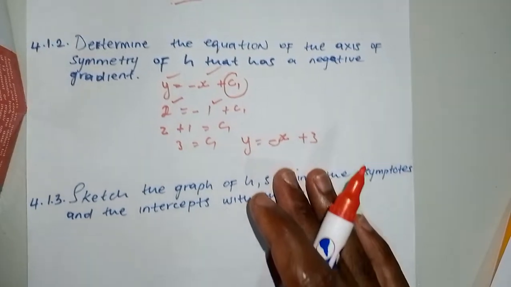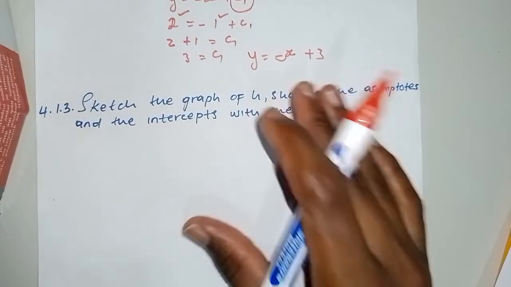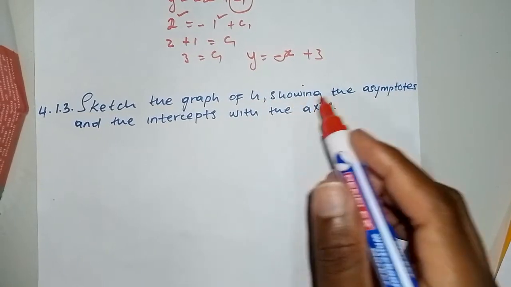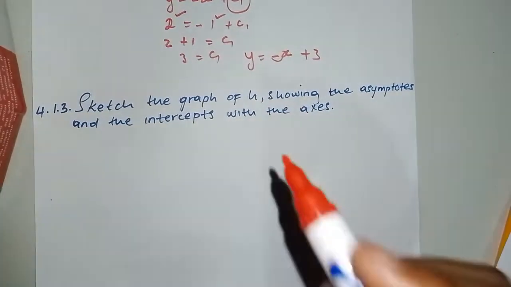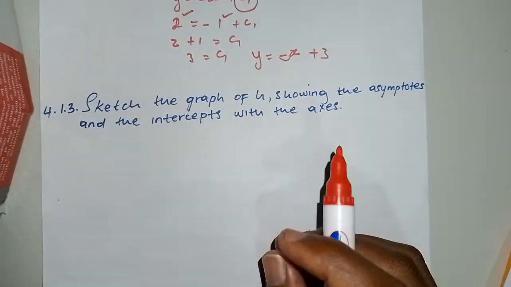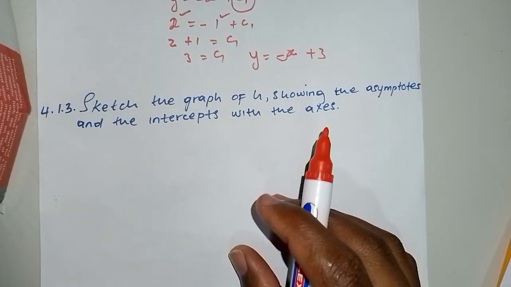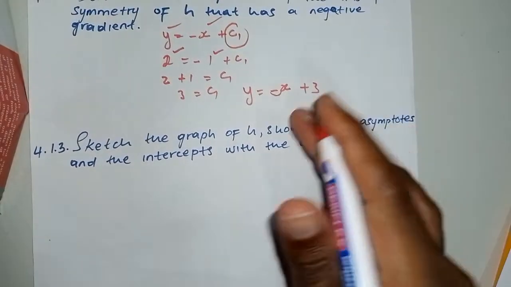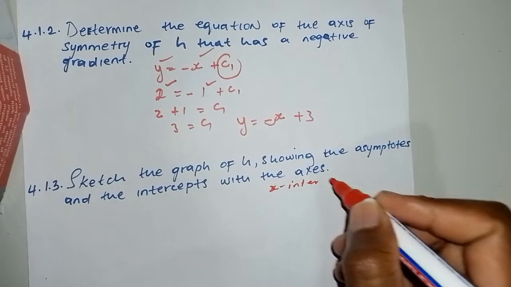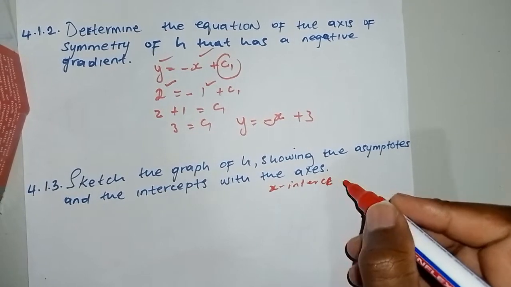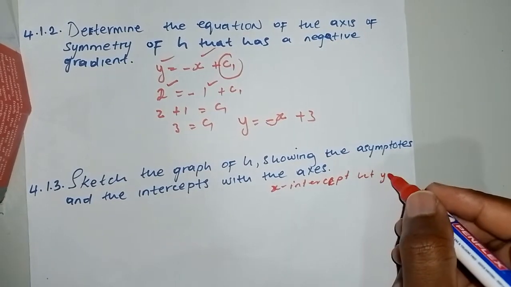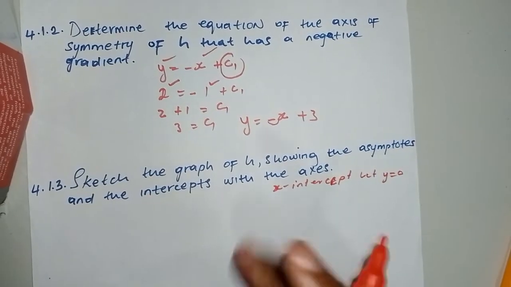Now, the next question is not difficult, it's a bit tricky. They say sketch the graph of h, showing the asymptotes and the intercepts with the axes. Do we have the intercepts? No, we don't, but let's start with the x-intercept, then let y equal 0.